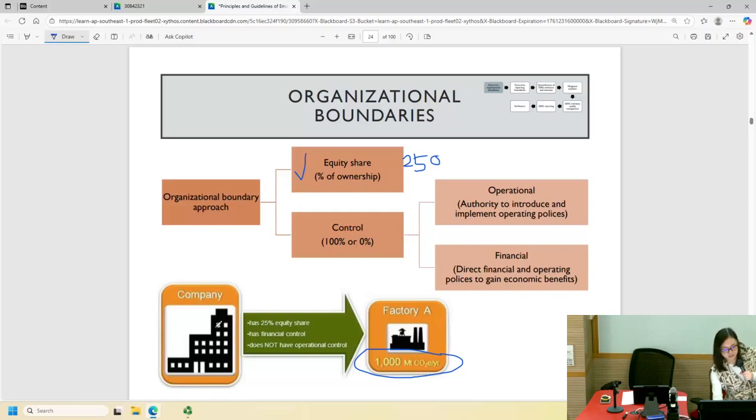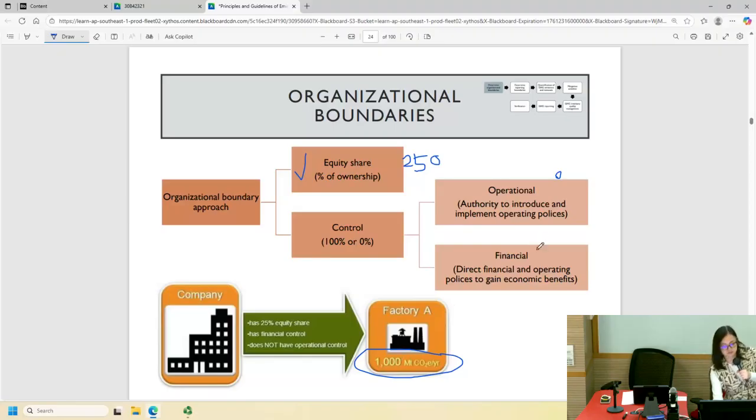And if this company is using operational control, and it does not have any operational control, then 0. This company has no operational control, so it will be responsible for 0% of the emissions.